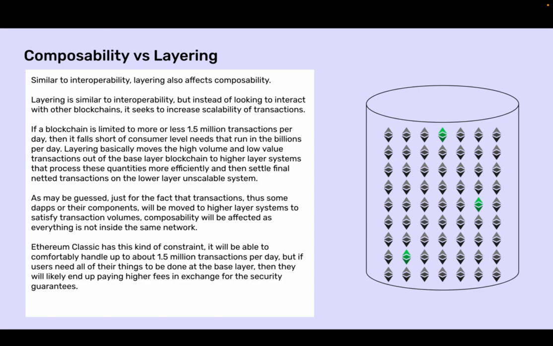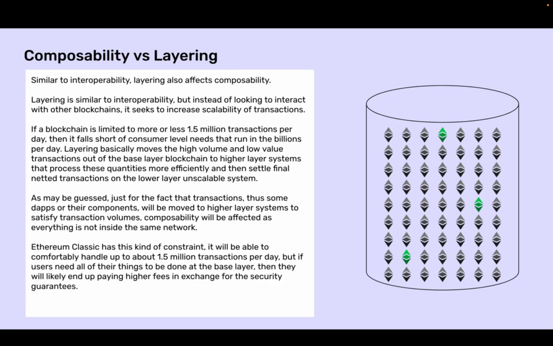Layering basically moves the high volume and low value transactions out of the base layer blockchain to higher layer systems that process these quantities more efficiently and then settle final netted transactions on the lower layer unscalable system.